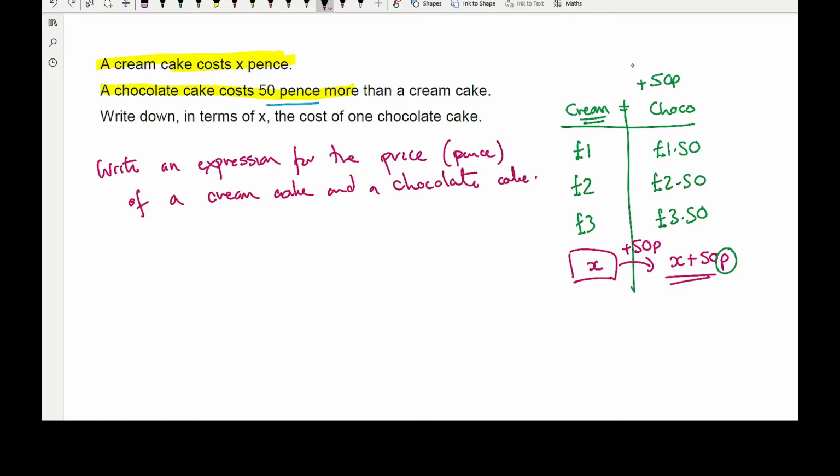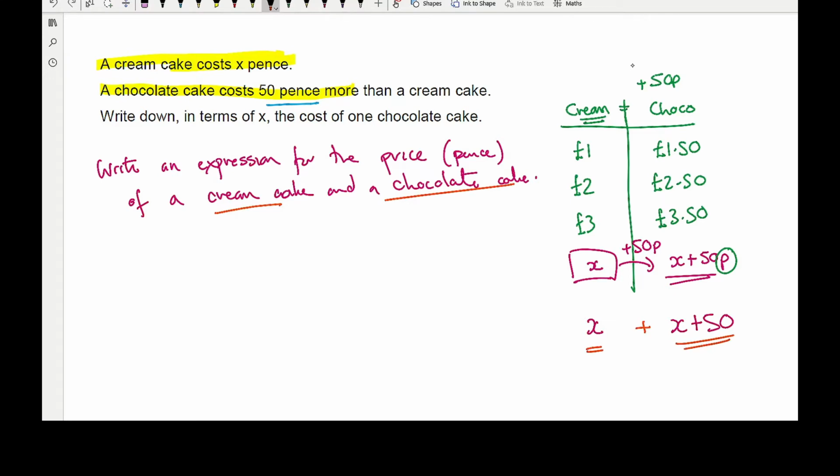So going back to our table, we know that a cream cake will cost X, then a chocolate cake would cost X plus 50. And to work out the cost of a cream cake and a chocolate cake, all I need to do is add these two amounts up.